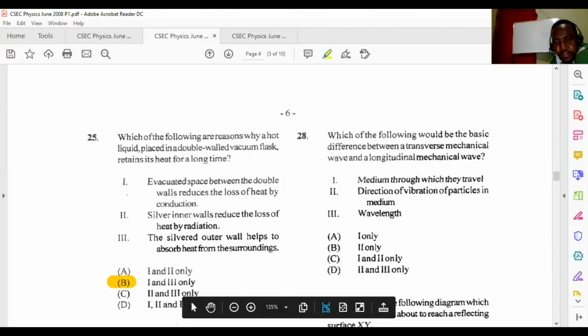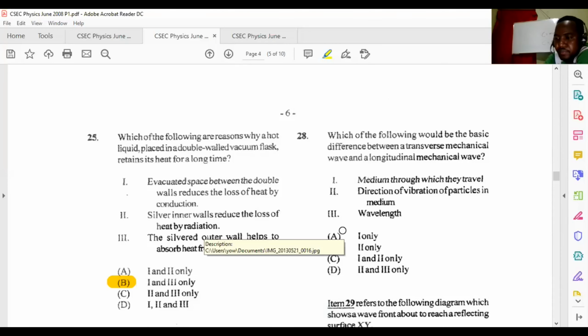So you're saying that because silver allows the radiation to enhance the amount of heat being absorbed by the vacuum flask, 2 is wrong because it actually enhances the gain of heat? Yes, it enhances the gain of heat.